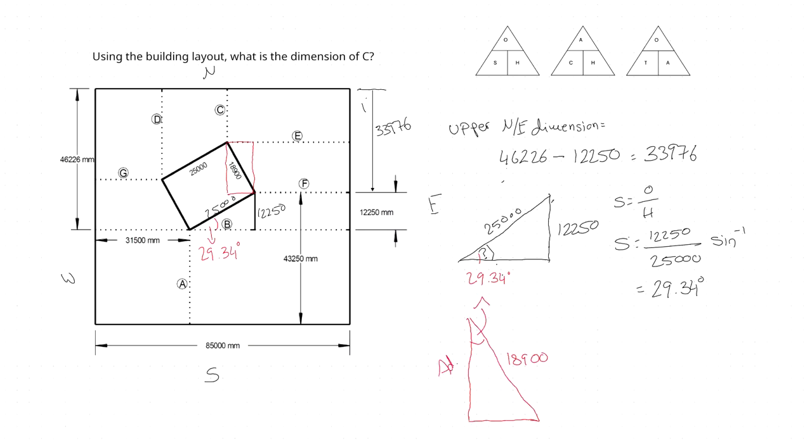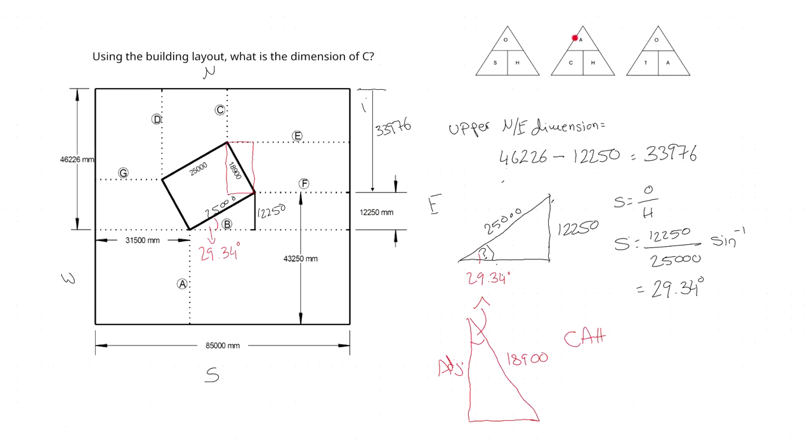Because if we can figure out this dimension right here, then from our northeast corner, from that full dimension, we can take off our adjacent side and we should just be left with C. That is the goal. So let's have a look here. We have a hypotenuse and we're looking for the adjacent side. So we're working with KA, and we are looking for the adjacent side. So let's scribble that out.